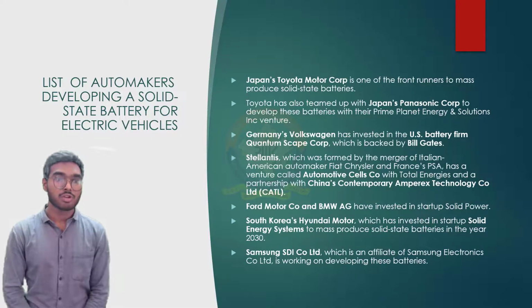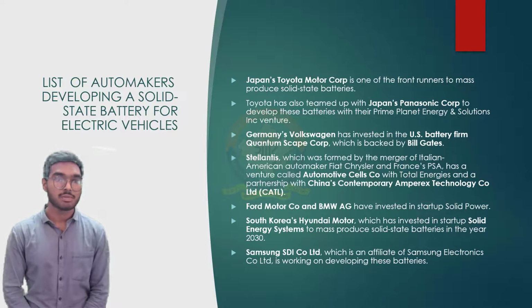Automakers are trying hard to develop a solid-state battery for electric vehicles. The list of automakers developing them includes Japan's Toyota Motor Corporation, one of the front runners of mass production of solid-state batteries.